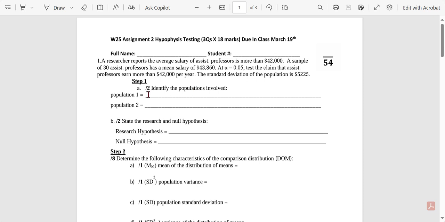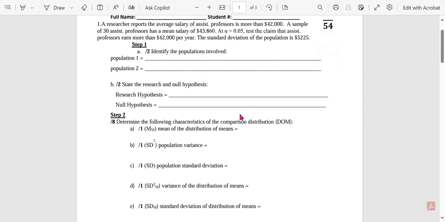So there you go. Population 1, that is who we are looking at. Population 2, everybody else. Research hypothesis, what is the researcher trying to prove? Null hypothesis, no difference. But please refer to the PowerPoints there. I want a sentence. Okay?